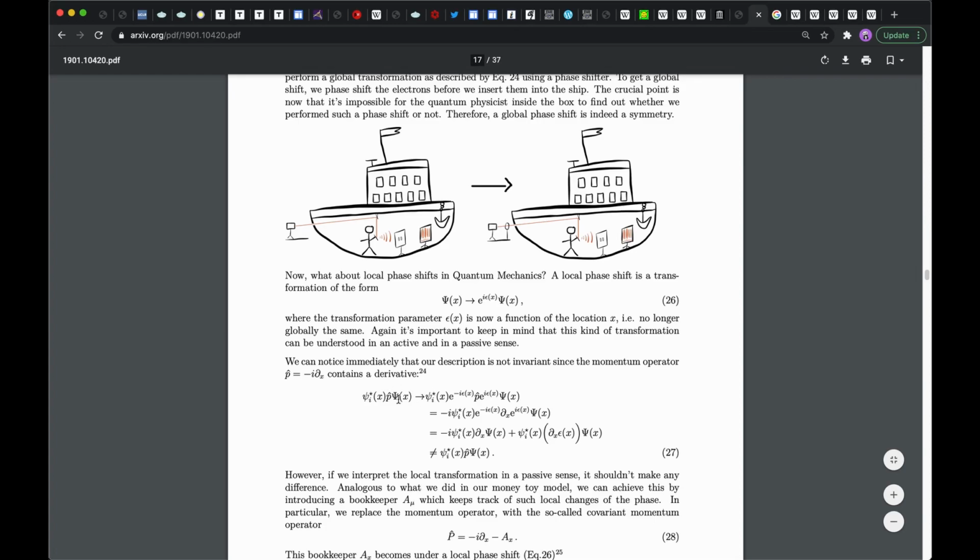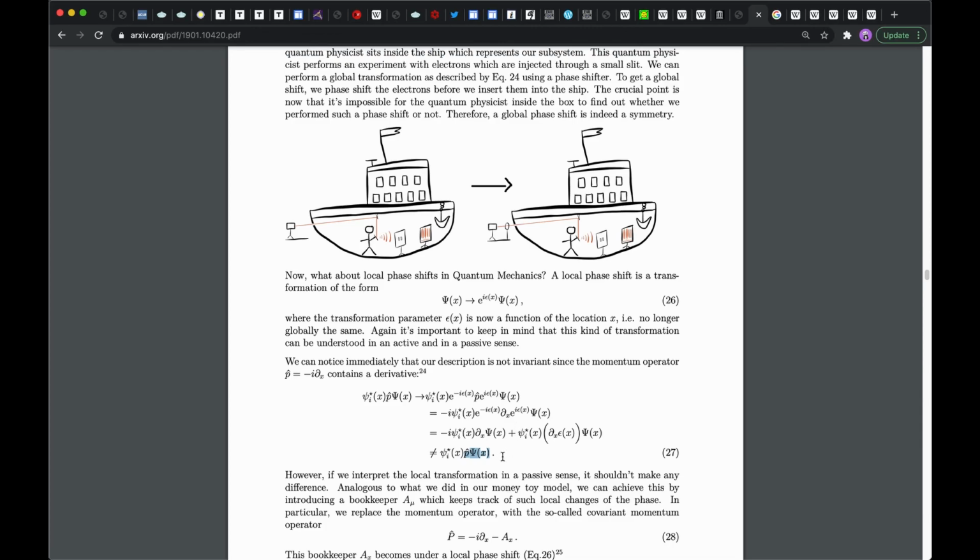after substitution of our new wave function into the equation, one more additional element here, which will be equal to that dx of epsilon of x, and therefore it will not be equal to the p hat of our original wave function.